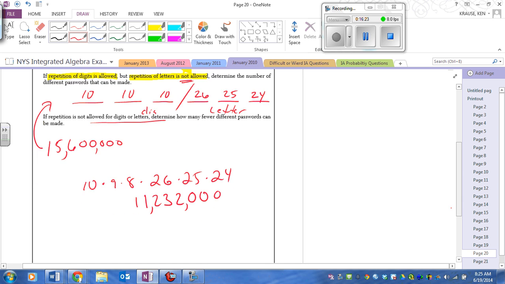And then I'll have to subtract those. So there would be 4,368,000 fewer passwords.